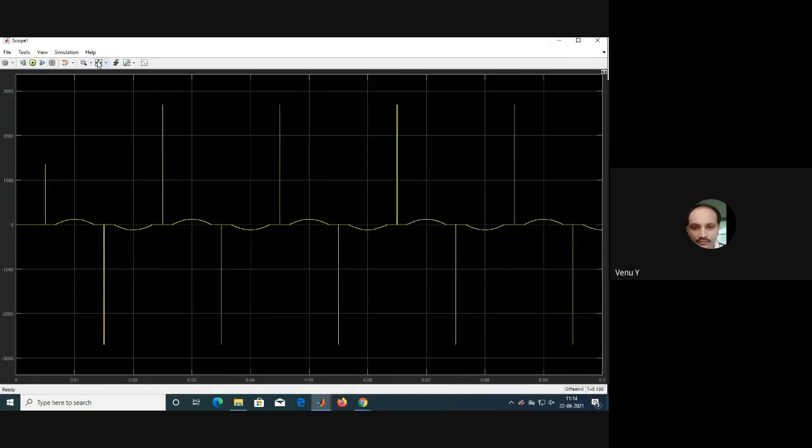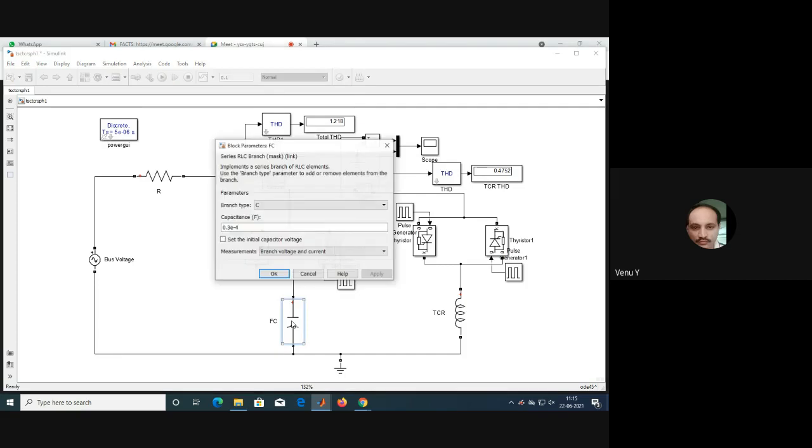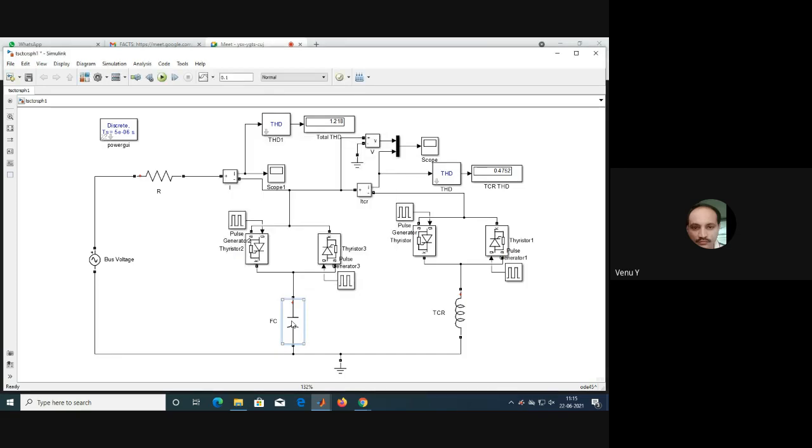This is the waveform of total current, the summation of IC and ITCR, and THD content is 121.8%. This is 0.3.